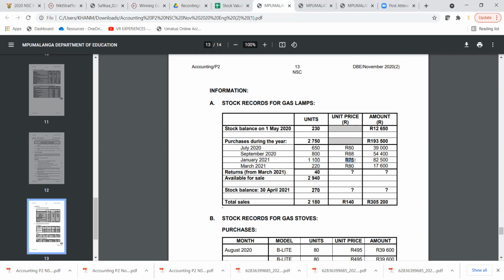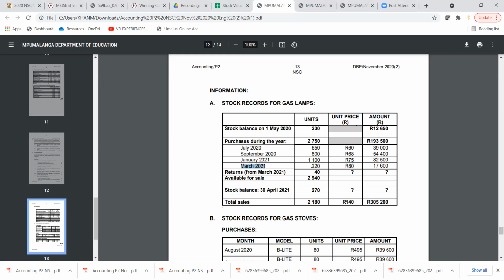Remember, what's the approach? When we calculate closing inventory using FIFO, all we do is start off with the last purchase and work ourselves up. We started off with the last purchase, which is March 2021.